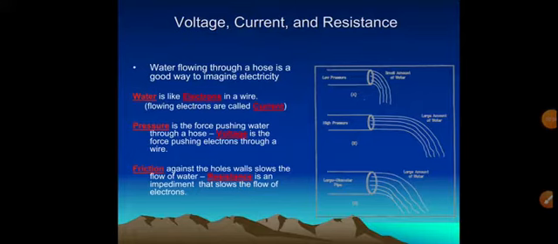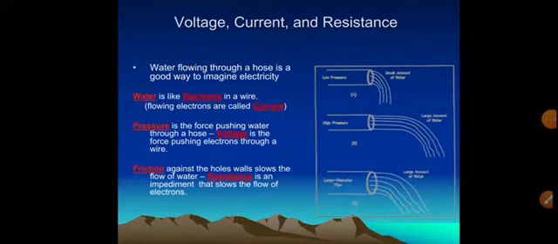In the second diagram, flow of water is with high pressure, and in the third diagram, the large diameter of pipe, due to which a large amount of water is flowing through the pipe. So correlating these three diagrams with our three terminologies: current, voltage, and resistance.